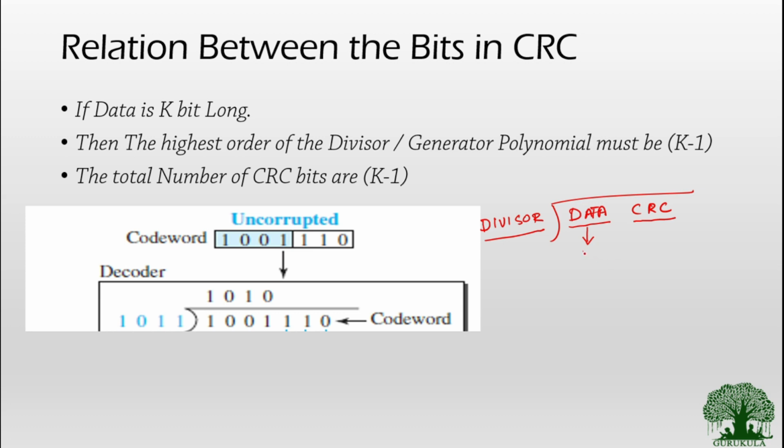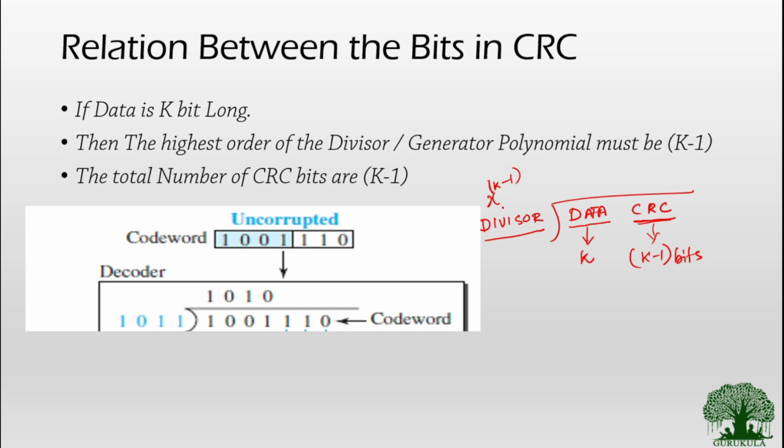If I assume that my data is k bits long, then the number of bits that I allocate for CRC is k minus 1 bits. So what about the divisor? The highest power of the divisor polynomial must be x to the power of k minus 1.